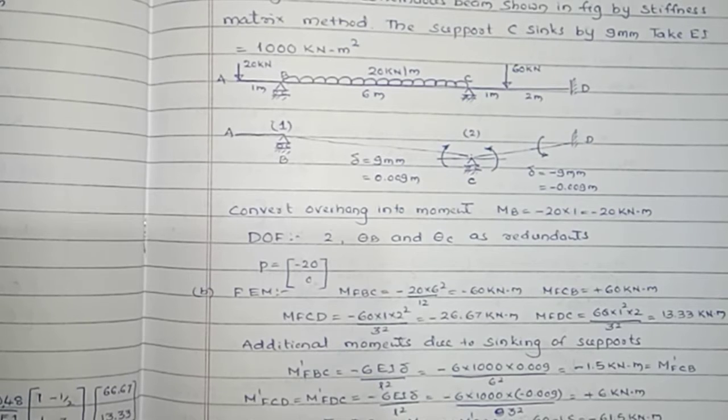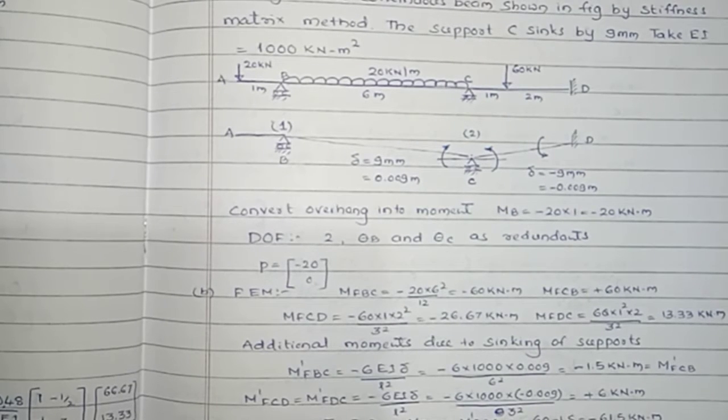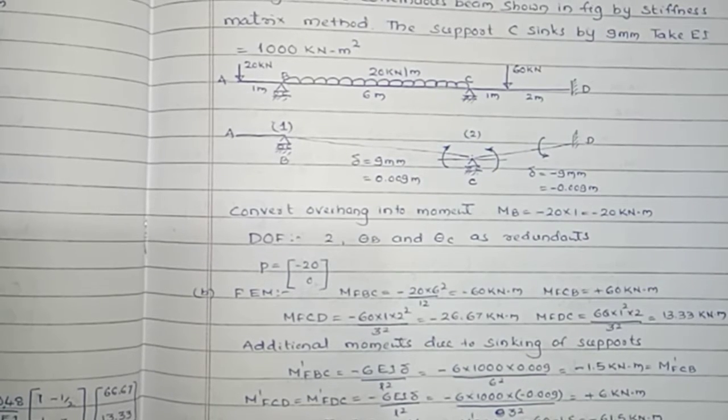Now by considering theta B and theta C as the redundants, the load due to the overhanged portion is the pre-existing load. That is, we have considered B and C as the redundants.